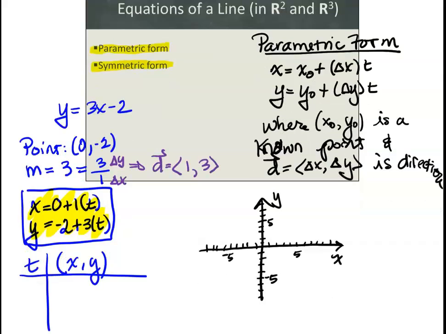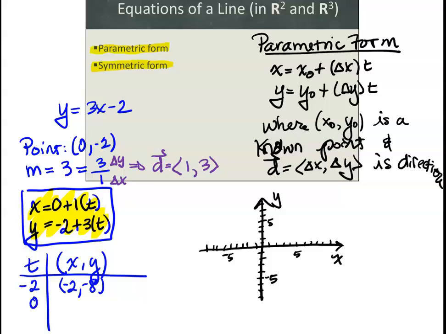Okay, so for example, what if t equals -2? If t equals -2, then x equals 0 plus 1 times -2, so that would be -2. Y coordinate would equal -2 plus 3 times -2, so -2 plus -6, which is -8. I could try 0.